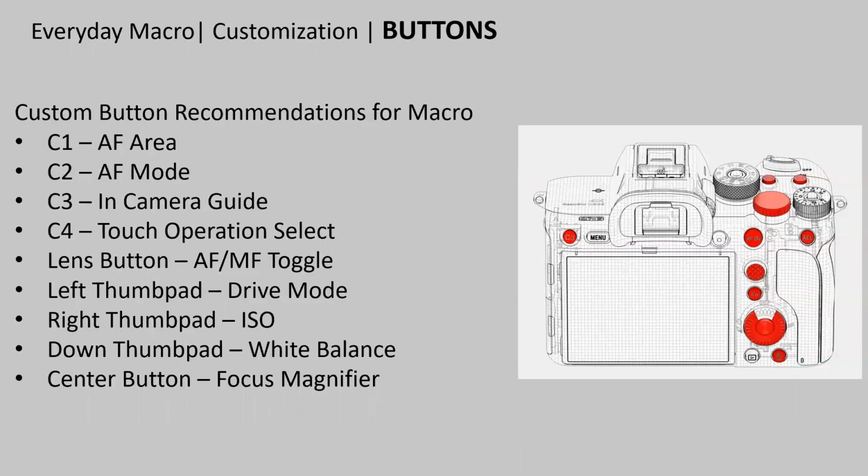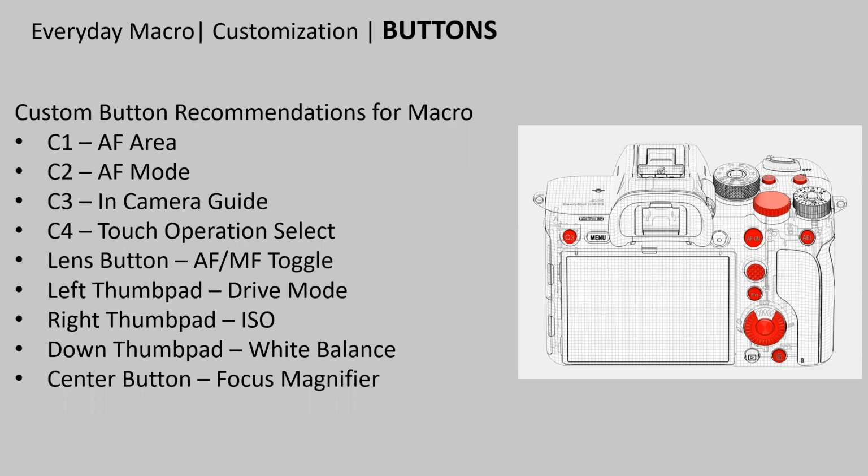So some of the features that I actually like to turn on, I like to have autofocus area and autofocus mode set to my C1 and C2 button. I like to have the autofocus manual focus toggle set on the lens button or the focus hold button. And that's just so that if I'm shooting other things, I can quickly one button press and I'll switch into manual focus.